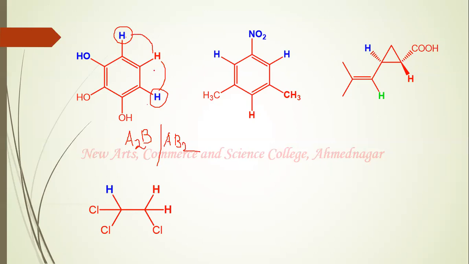Now this is one more example of this A2B or AB2 spin system. See, this one proton is a shielded proton and these two protons are deshielded protons. So these two are chemically identical protons, and so this is another example of an A2B or AB2 spin system.